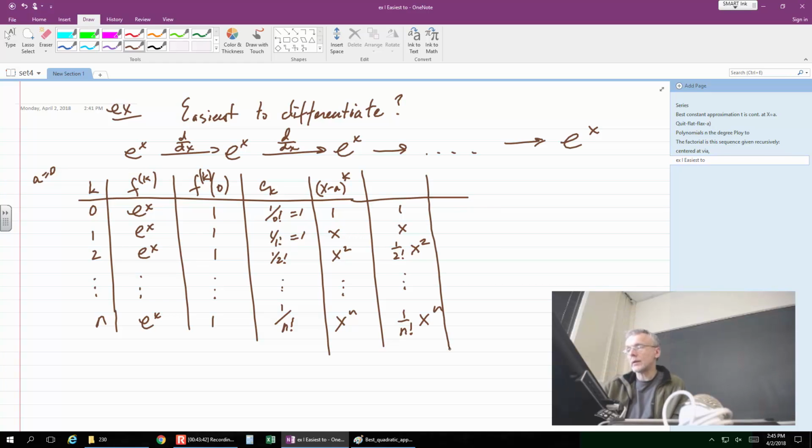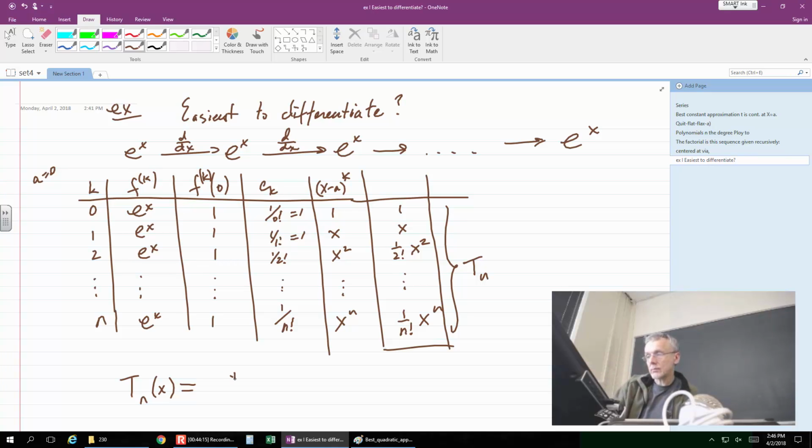And then that's pretty much it, because now I can just add these together, and at the bottom I'm going to have the nth degree Taylor polynomial. So it will be the sum of these. This is T sub n, the sum of these terms. I can now easily write Tn in the sigma notation. Remember the sigma notation that we have used a few times, and now it becomes more and more important because that's the only way to write sums in a compact fashion. So summation over k from 0 to n, and these are the coefficients.